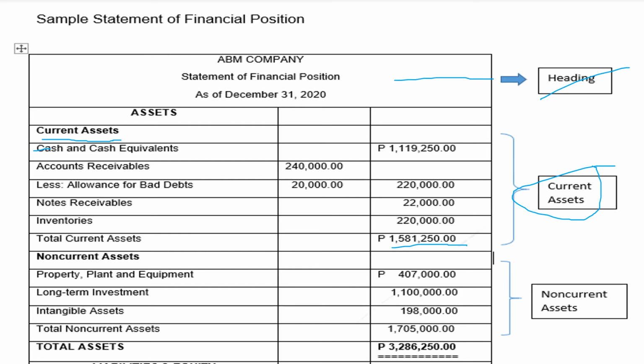So this is the heading here, and this portion here is the current assets, and we have the non-current assets.